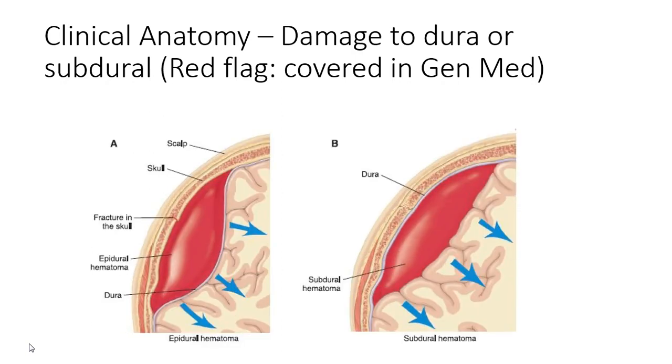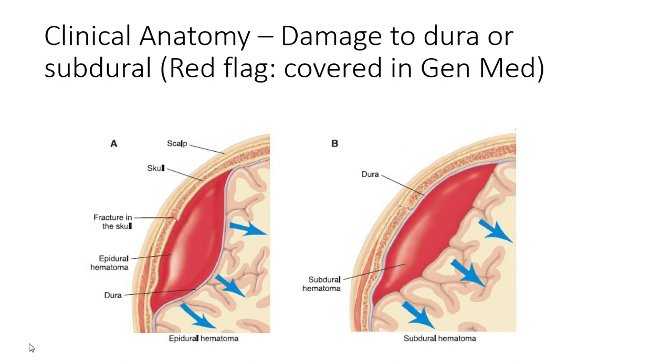So any kind of damage to your dura mater or your subdural space can potentially be life-threatening, okay? Bleeding in the brain. So if you had, like in picture A right here, an epidural hematoma, if you have a fracture in the skull, it can cause bleeding of the epidural space.